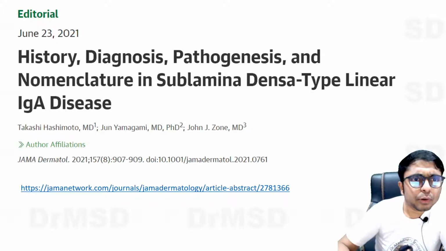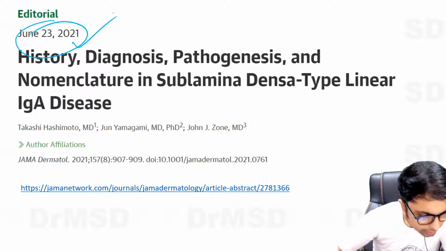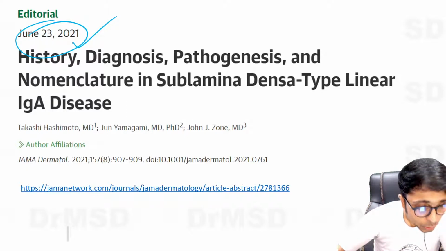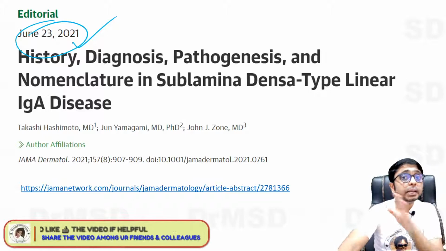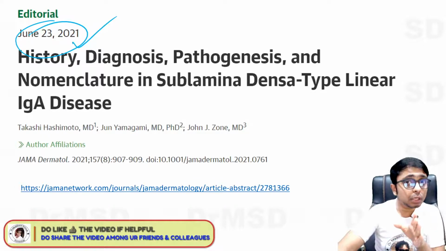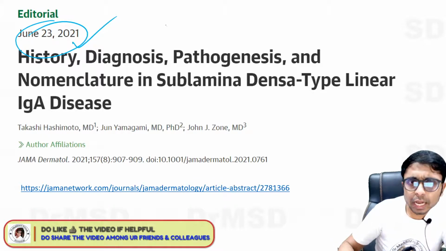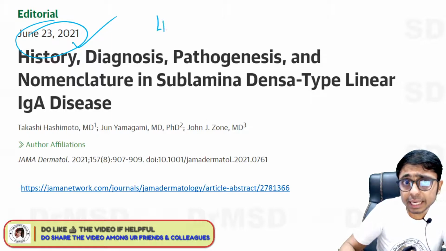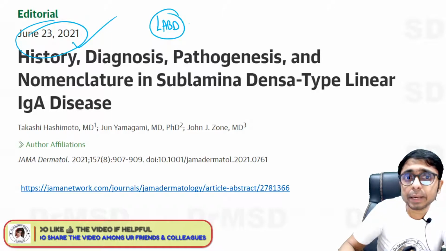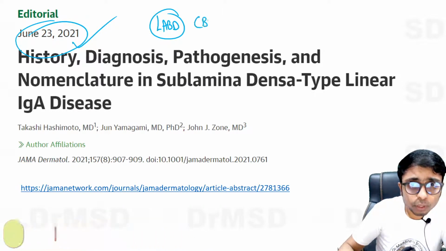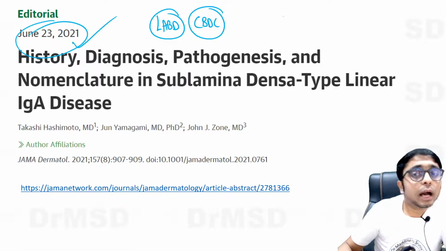And this is another study you can see from JAMA from 2021. Sir, is the linear IgA and IgA pemphigus the same? So IgA pemphigus is a completely different condition. Okay, don't confuse linear IgA bullous dermatosis (LABD), which is also called chronic bullous disease of childhood, with IgA pemphigus.